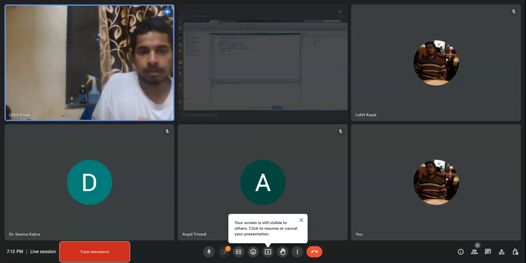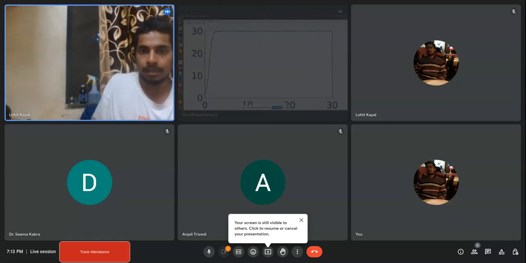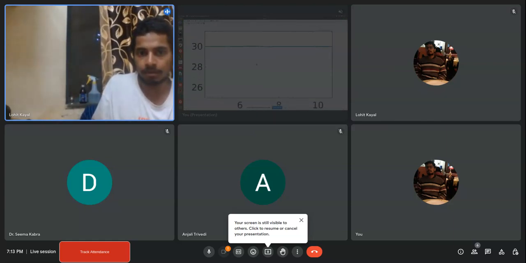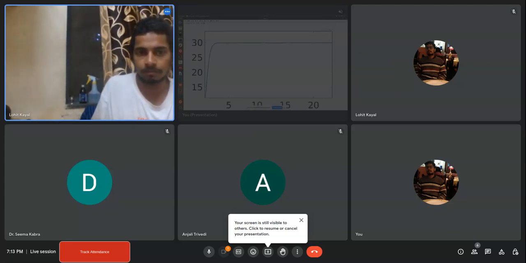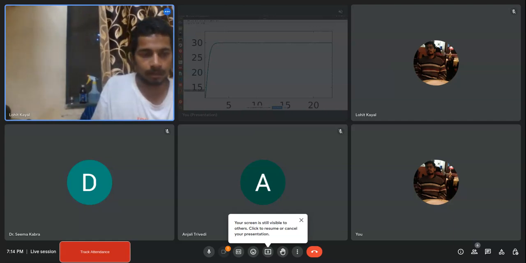Now if I make it smaller, maybe 0.1, you can see that it initially grows, and after that there are some minor oscillations, but more or less it is almost stable. It reaches almost this 30 value, 29.997.